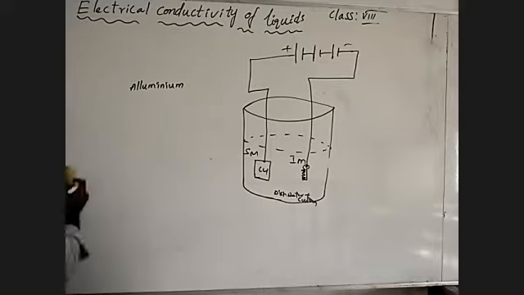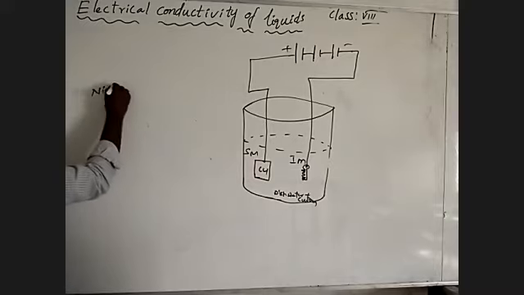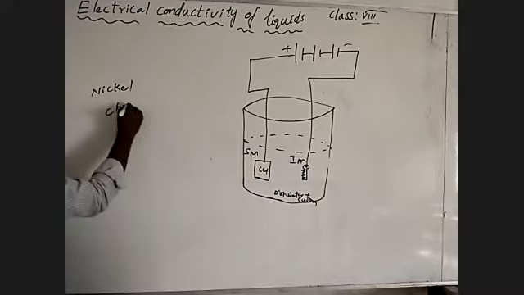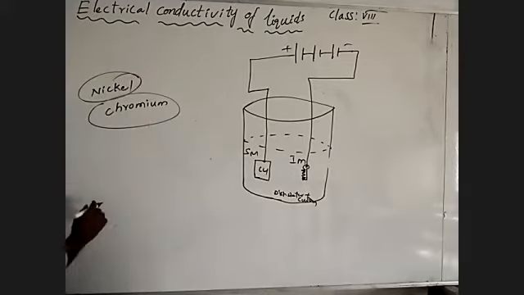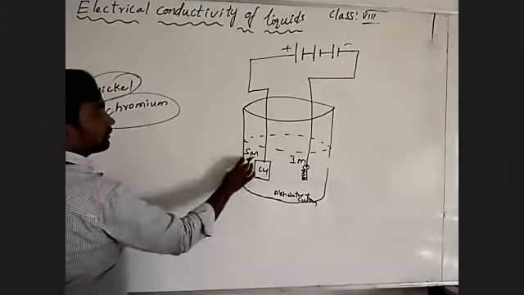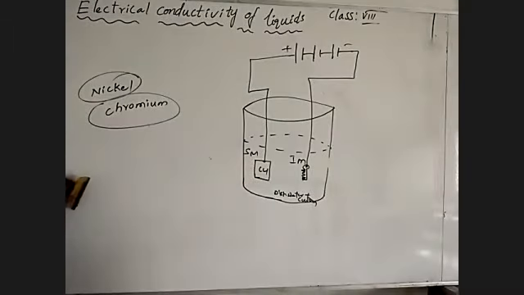Otherwise, we can talk about nickel and chromium. Those substances we can also utilize as the superior metal to make the coat on the iron, the inferior metal.